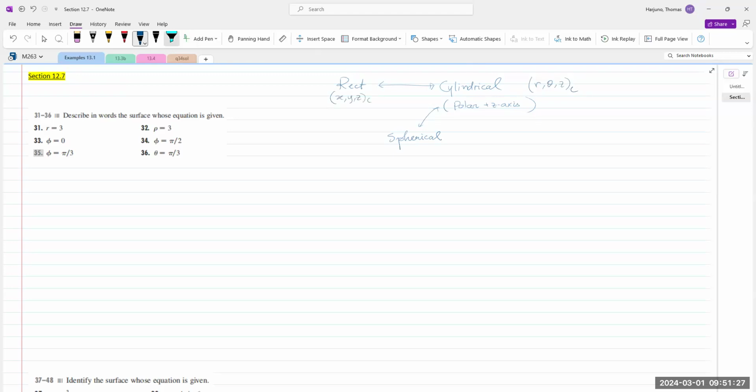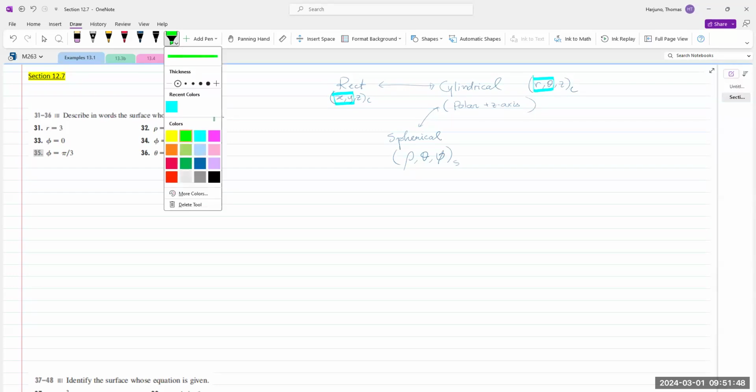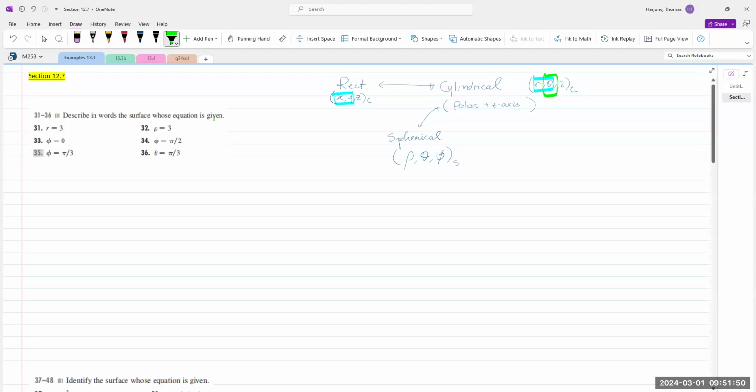Right, so basically this xy here now becomes our theta. Now in spherical we have rho, theta, phi, in which it maintains the theta from polar, and then changes to rho and phi.